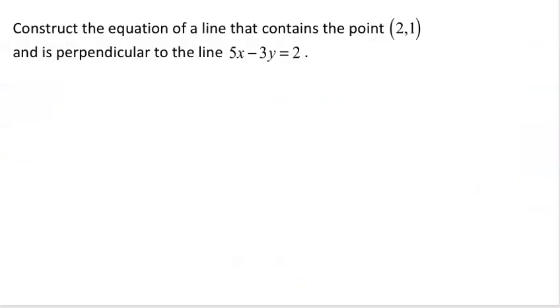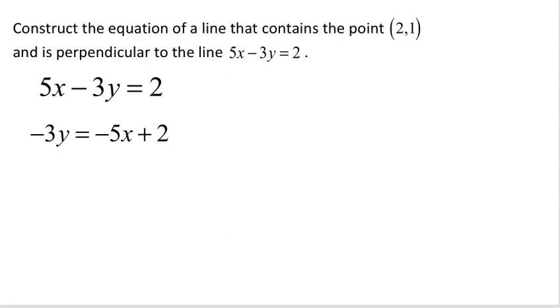Our next question, construct the equation of a line that contains the point 2, 1 and is perpendicular to the line 5x minus 3y equals 2. So we're starting with this line. We need to solve for y to find its slope. So let's add negative 5x to both sides. We get negative 3y is negative 5x plus 2.